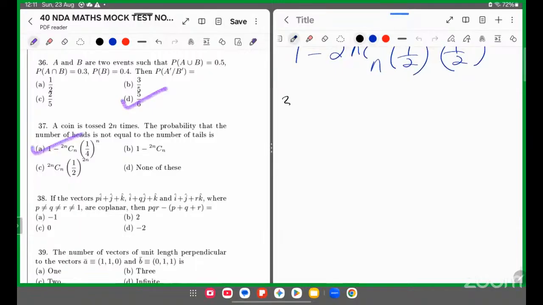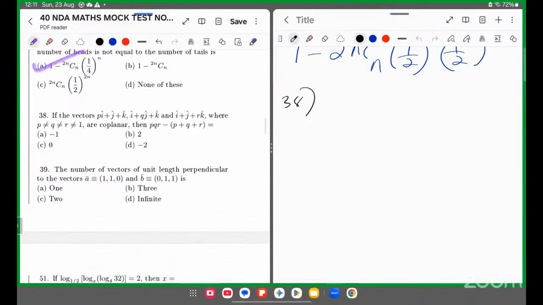Question number 38. If the vectors are coplanar, then what is PQR minus (P plus Q plus R) equal to? If three vectors are coplanar, we know that A dot B cross C will always be 0.